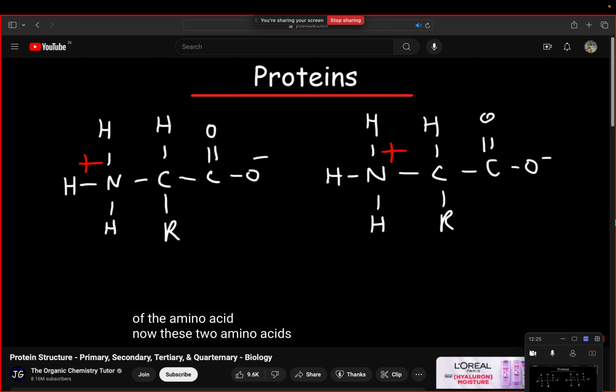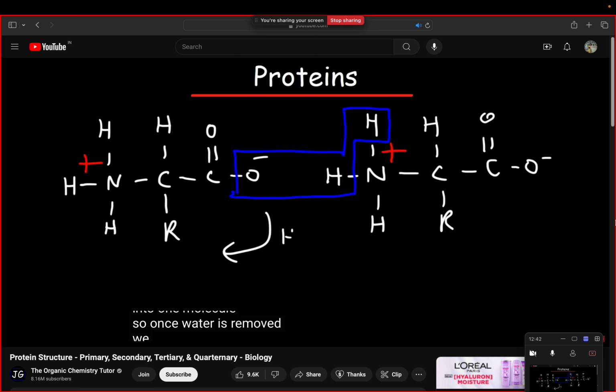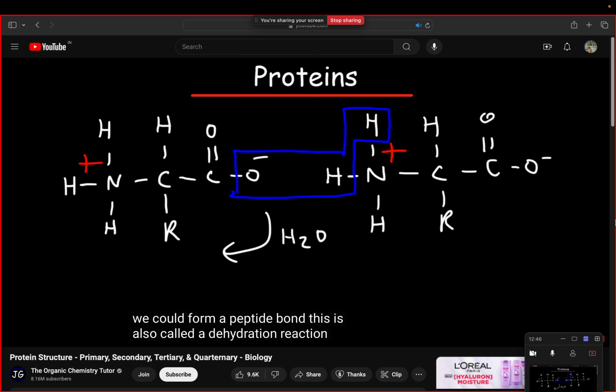Now, these two amino acids can react with each other in a condensation reaction where we're going to lose water, and we're going to connect the two amino acids into one molecule. So once water is removed, we could form a peptide bond. This is also called a dehydration reaction because you're losing water.